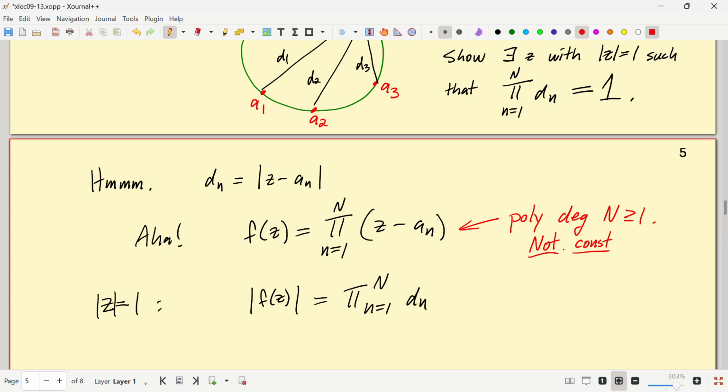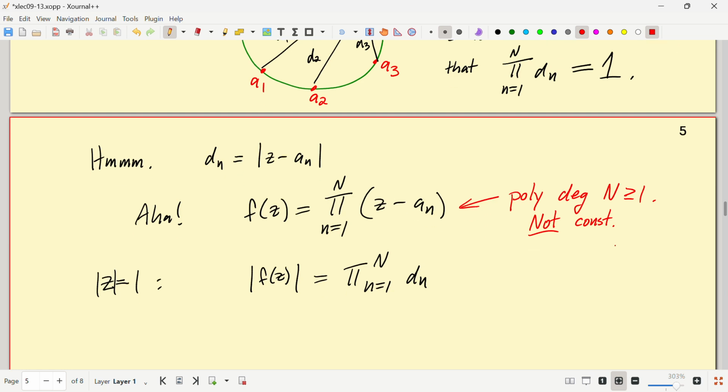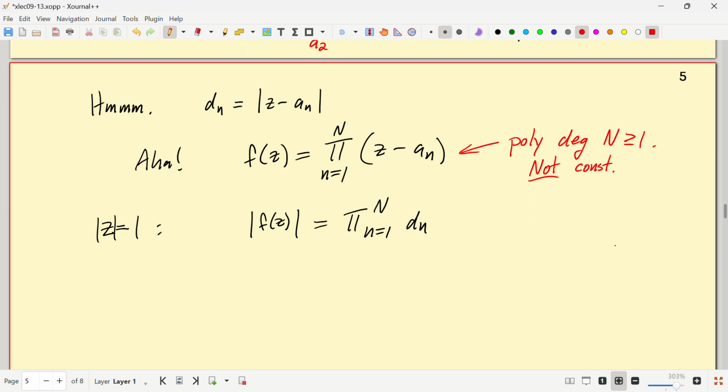Okay. How am I going to do this? So it's not constant. That means its maximum modulus is going to be attained on the boundary.